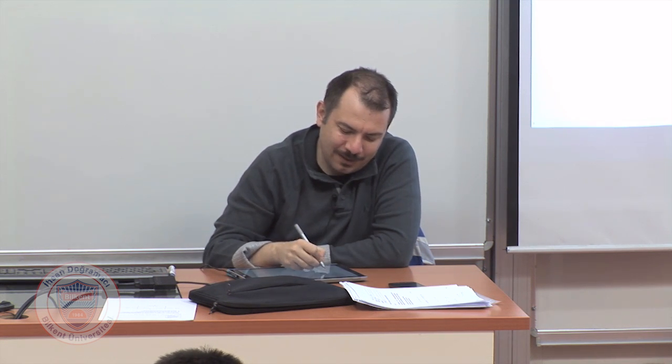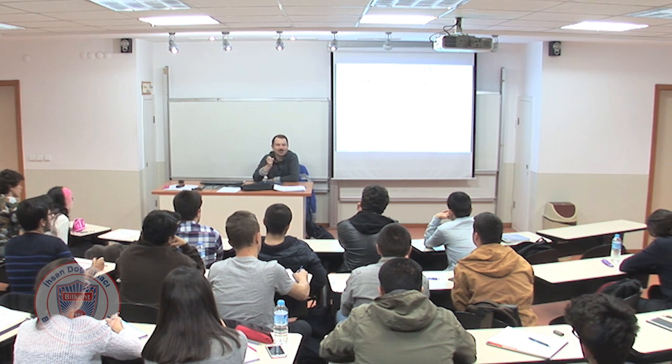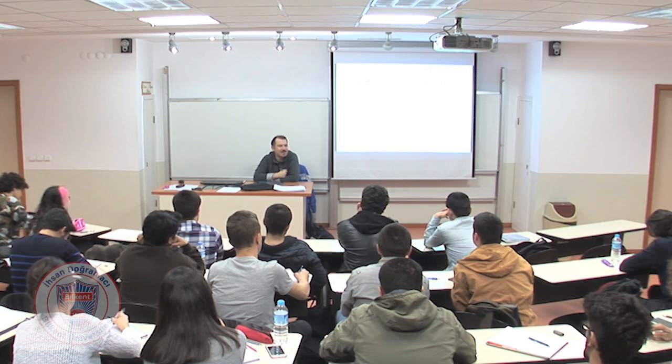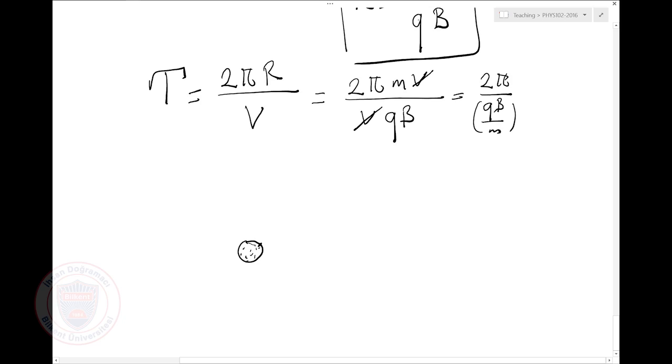For example, if I have a particle, an elementary particle or a composite particle, and it suddenly explodes. Okay, let's say that there is a chemical reaction or some nuclear reaction. So many charged particles come out of it with different velocities. If I'm under a magnetic field, I'll see something very interesting.